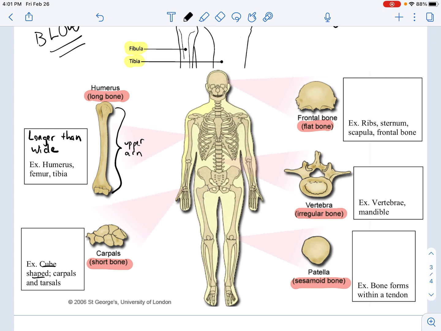Short bones are cube shaped. They're short, not long. A good example are your carpals and tarsals. So your carpals are in your wrist and your tarsals are in your ankle. Flat bones are flat on either side of the bone.